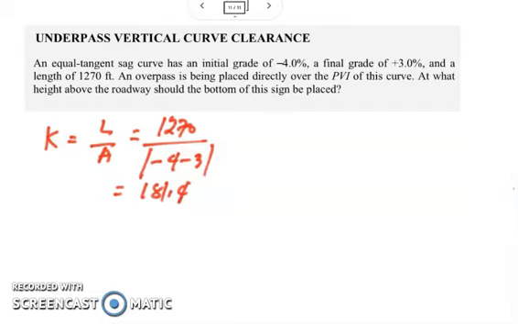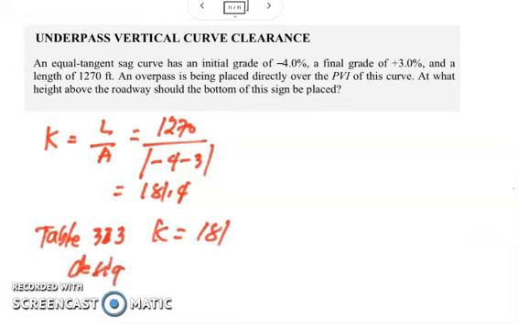Based on Table 3.3, when K is equal to 181, our design speed is equal to 70 miles per hour.